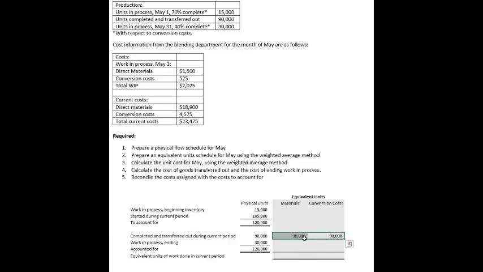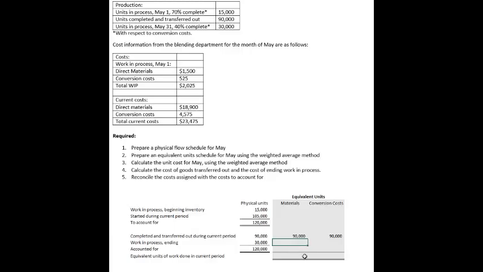Now this is important, you can't just gloss over this, because your mind is saying, wait a minute, some of these were completed in the prior month, at least part of some of these were complete. That's right, they were, but using the weighted average method, we take them all and we lump them together. Even though some of these were in progress at the beginning of the month, all of them that are completed in the current month go into an equivalent unit calculation.